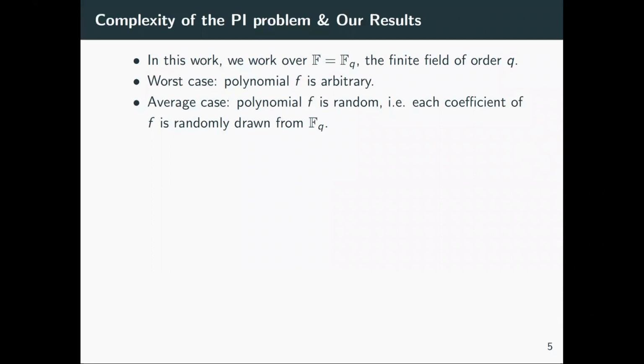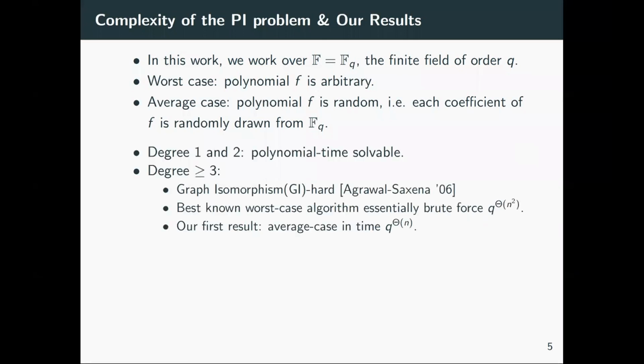So let's take a look at the complexity of this problem. In the worst case, we say that f is arbitrary. In the average case, we say that f is random. In degree 1 and degree 2, this problem is polynomial time solvable. But in degree 3 or more, it starts to get harder.